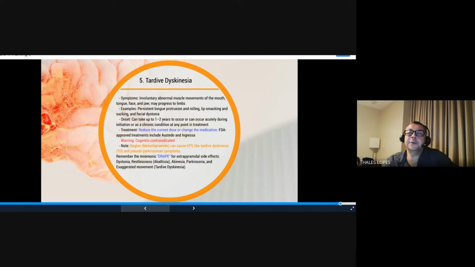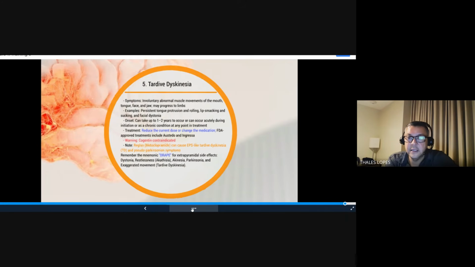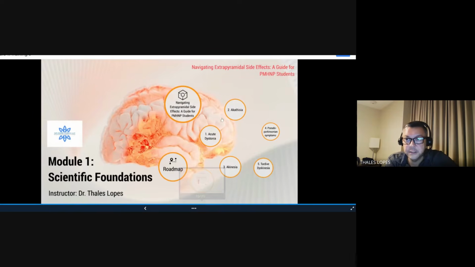Now, what I wanted to highlight is that Clozaril is one of my go-to medications once I have tried another second generation and I'm still having EPS problems. Clozaril often is highly recommended, but we'll go through that later in the course to see the reasons behind it.